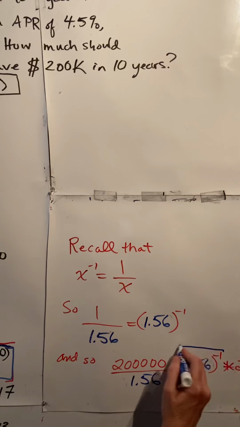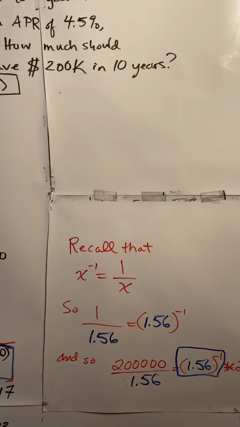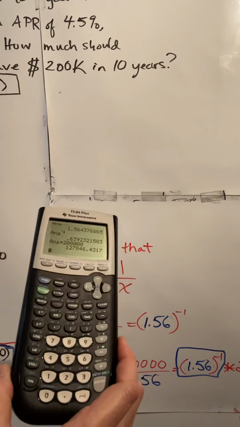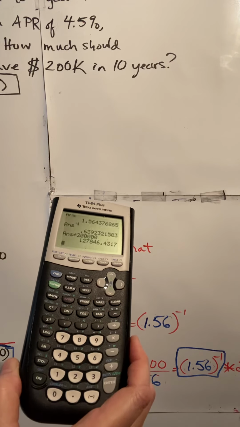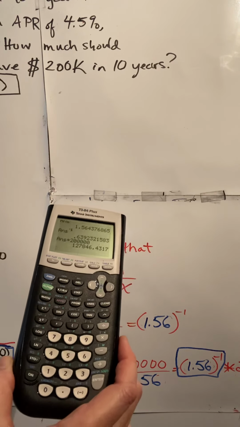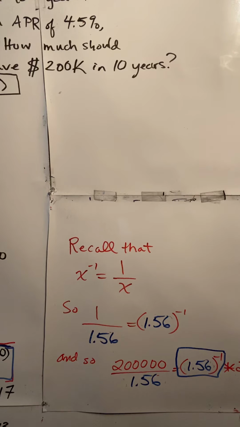This thing raised to the -1 is now up here, and now I multiply it by 200,000. 2 with 5 zeros, and I get 127,846.4317.